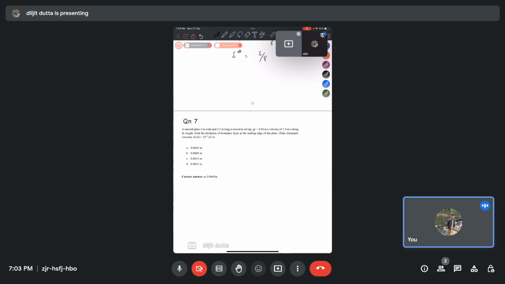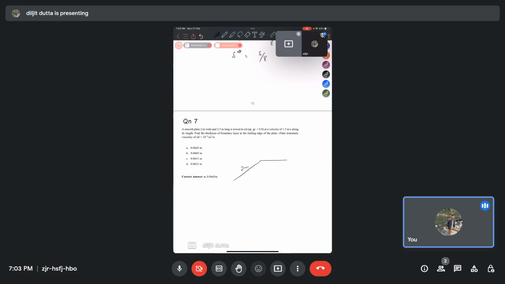Okay, let's come to the next question. A smooth plate 2 meter wide and 2.5 meter long is towed with oil at a velocity of 1.5 meter per second. So let us have a schematic.